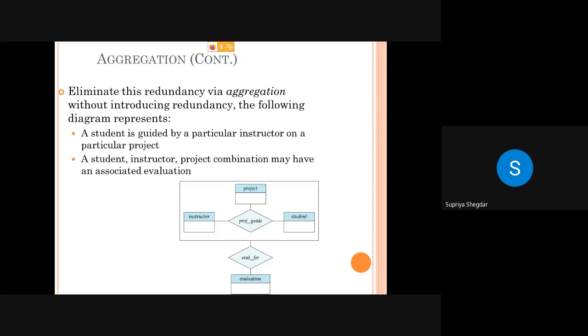So at least read some PPTs of the first chapter. I think I have also given you one homework: you have to draw the ER diagram for the company management or company database. Understood? Okay, we'll stop here today.